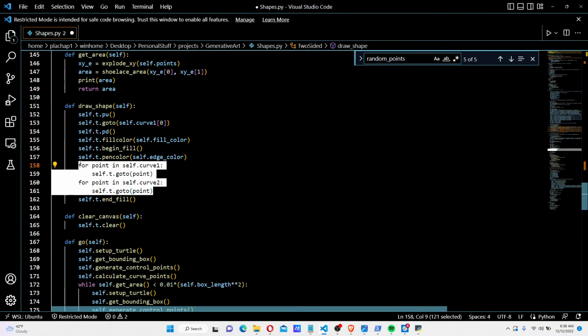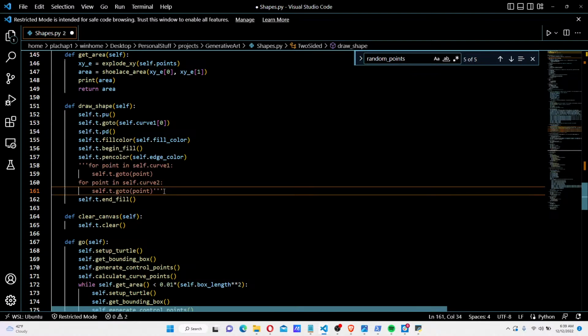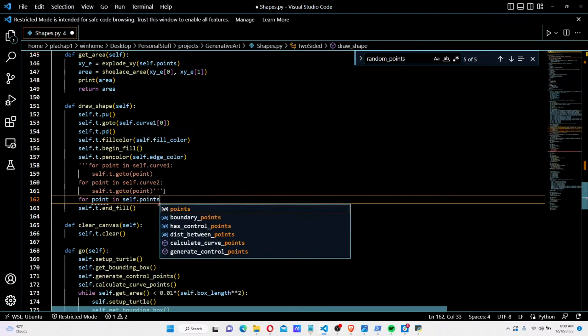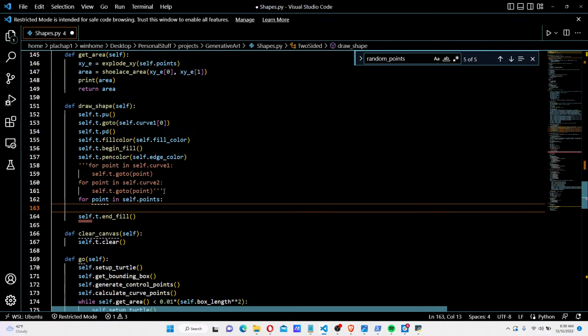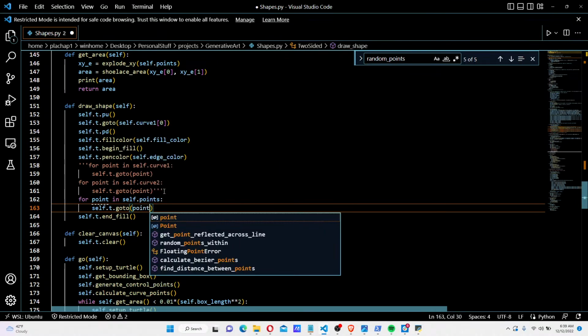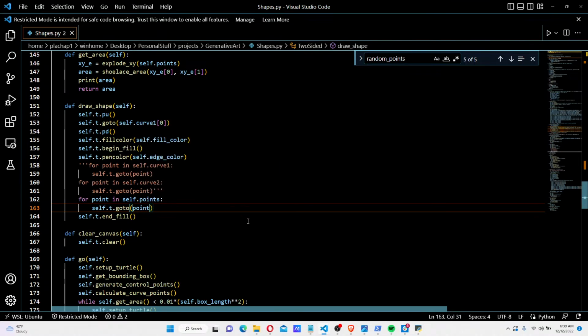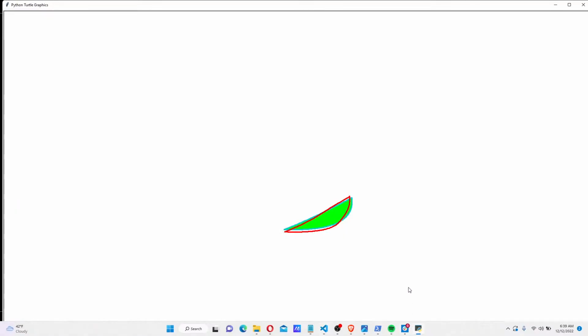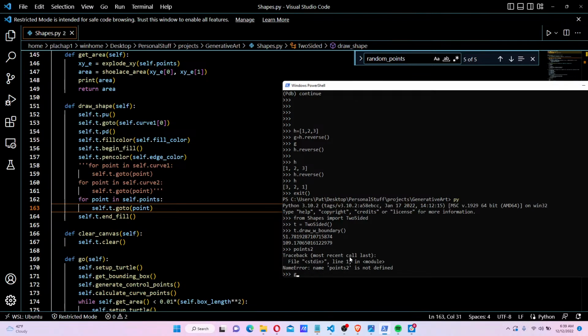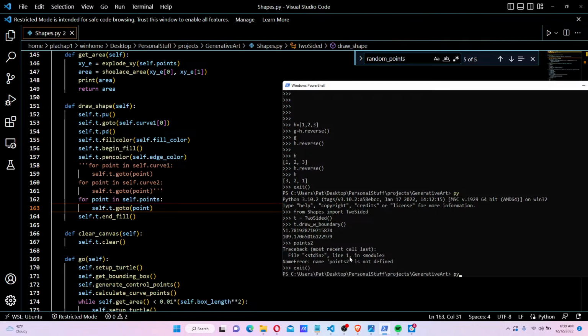So I guess I'm gonna censor this and then just do this for point in self dot points, self dot t dot go to point. Okay. Now running that. Oops. Should be exit.